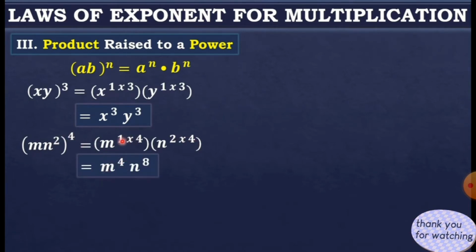Kasi merong square sa loob na parentheses na si n. That's n squared. So, when you multiply, m magiging 4, m to the 4th power, n to the 8th power. So, that's 2 times 4. So, kaya nagiging 8. So, just simply, we will multiply the exponents. Okay? So, they shared the same exponent.